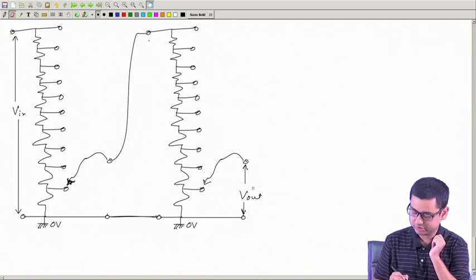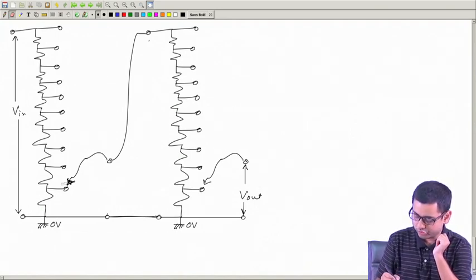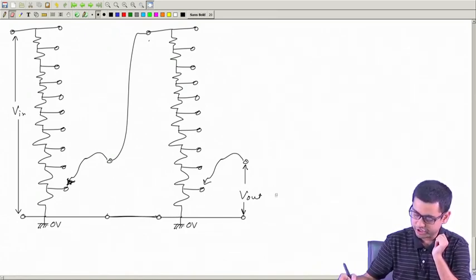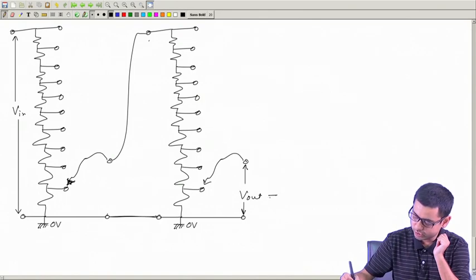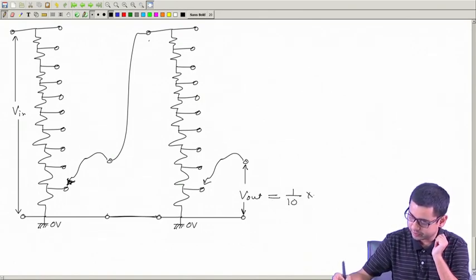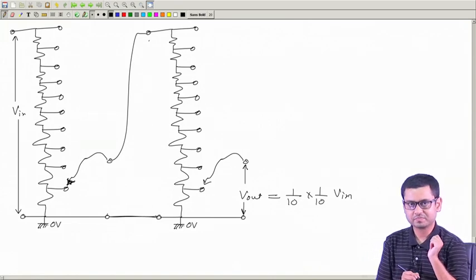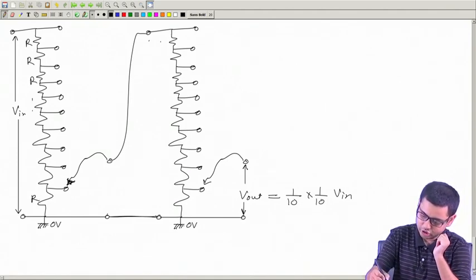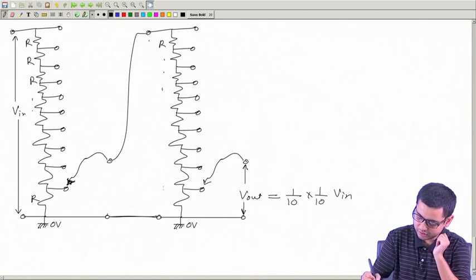So this is the V out. This is like 1 over 10 and this is another 1 over 10, which means 1 over 100. So V out should be equal to 1 by 10 multiplied by 1 by 10 times V in, right? Apparently it is so. All these resistances are equal. Here also all these resistances are equal.